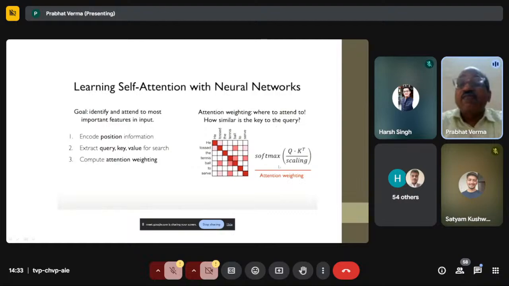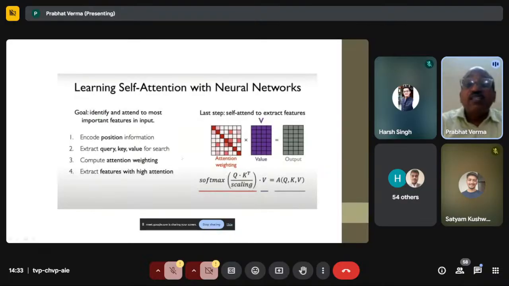So how can we find the attention weight? Attention weight equals q into k transpose, which is the cosine similarity. Upon scaling, we apply the softmax function, which brings the values between 0 and 1. That is known as the attention weight. So what are the steps? Encode the position information, extract the query, key, and value for the search, compute the attention weight, and extract the features with high attention.